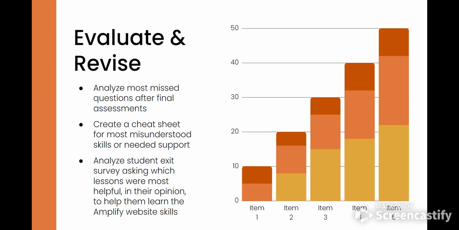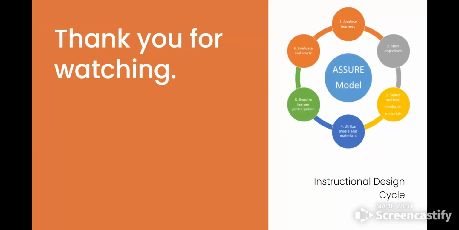And then analyzing the student exit survey to find out what things might need to be revised for the next iteration of this training. So the Assure model is a cyclical design where you go back and reanalyze for next year or the next month or the next iteration to make it better.